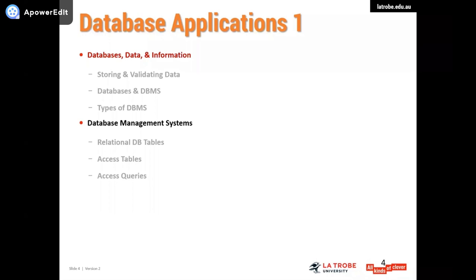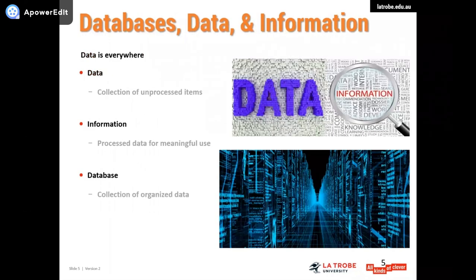So first is databases, data, and information. If we remember, in our first week's lecture we talked about data and information. So what's the difference between data and information? Data is a collection of unprocessed items.